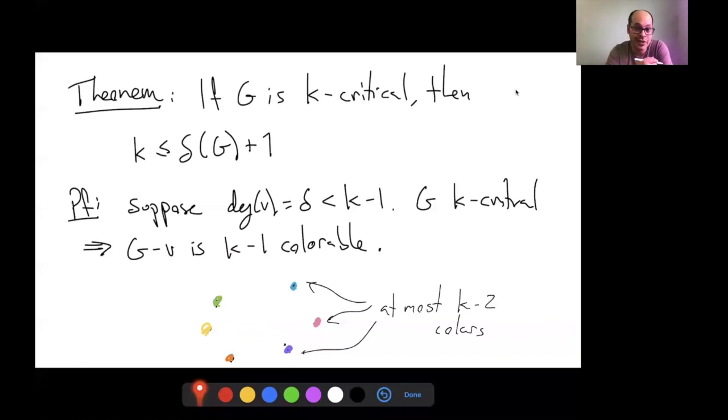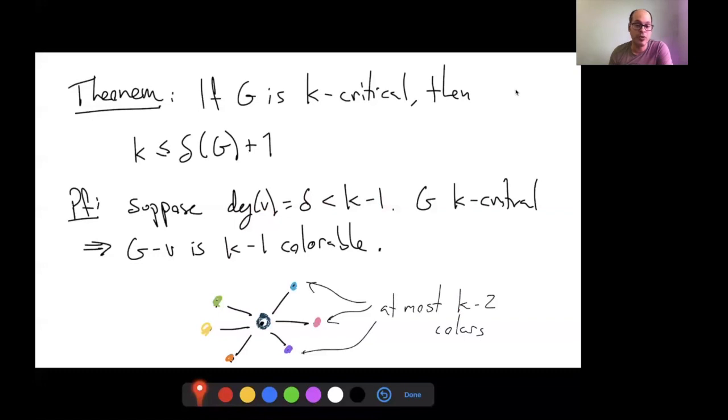On the other hand, because the degree of that vertex was little delta, which was strictly less than k-1, the neighbors of that vertex v are in number at most k-2. And that means by using just that k-1st color that we haven't used among its neighbors, we can add v back in and give it a proper coloring.